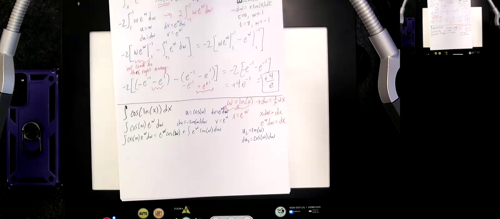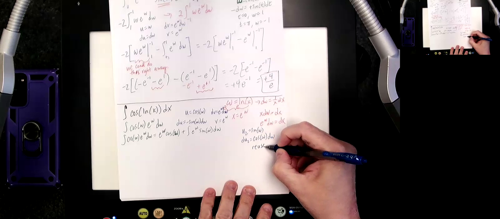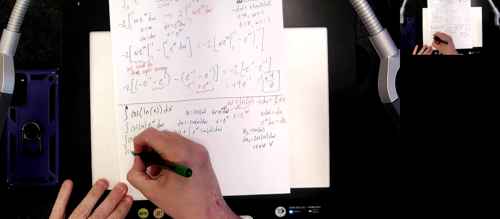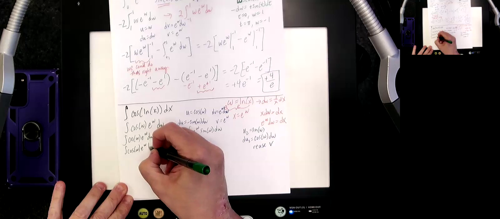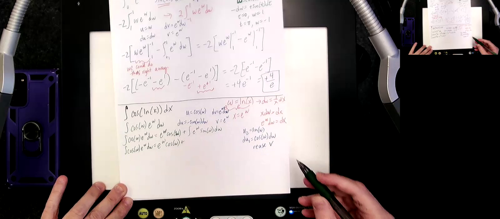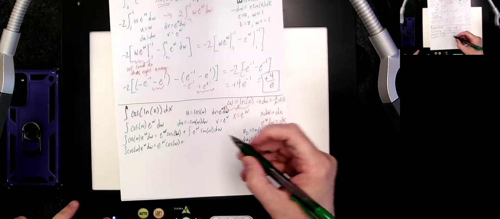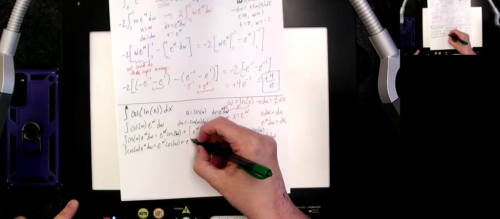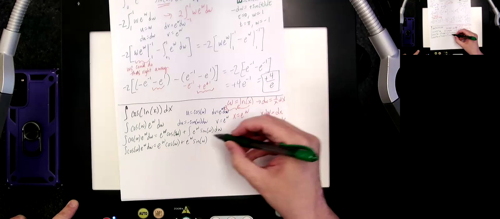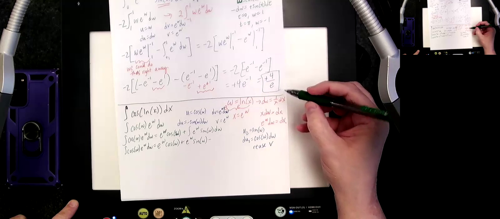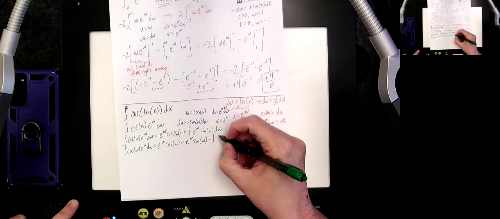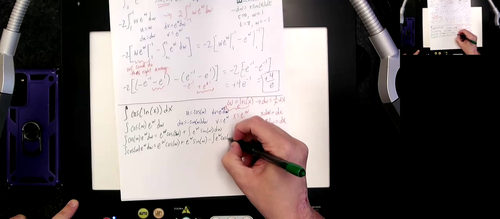Since we're doing the same one, let's reuse v. uv is e to the w sine w, minus v du, which is e to the w cosine w dw.